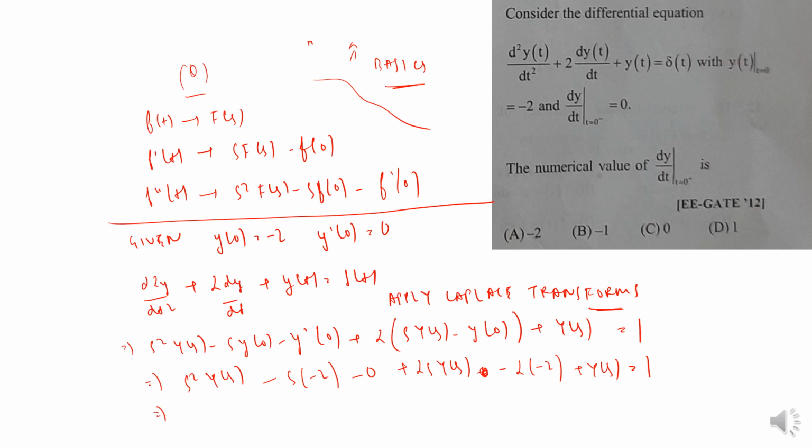Now we solve this further. s square Y of s plus 2s plus 2s Y of s plus 4 plus Y of s is equal to 1.